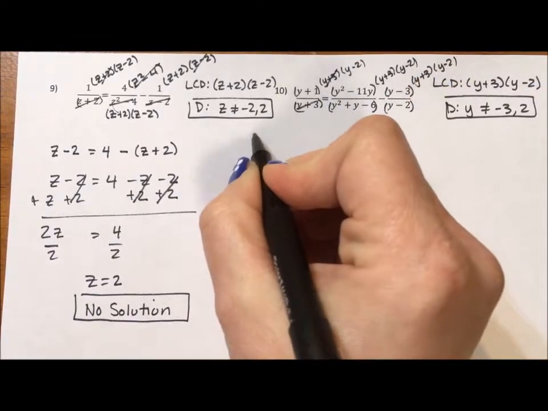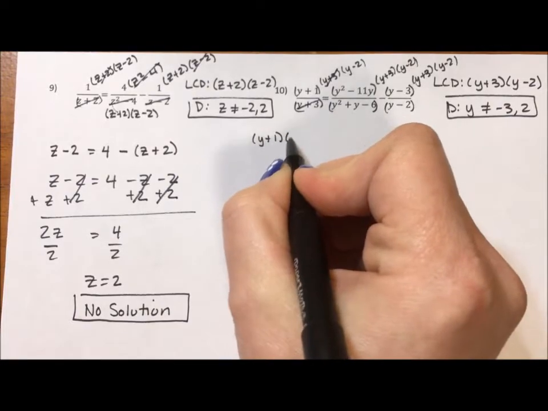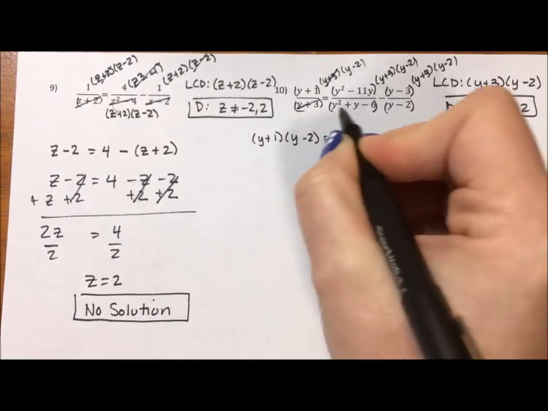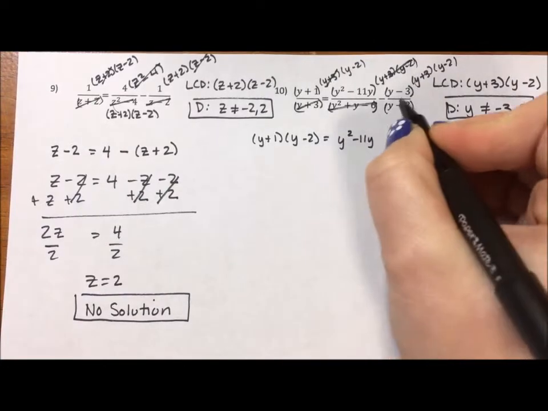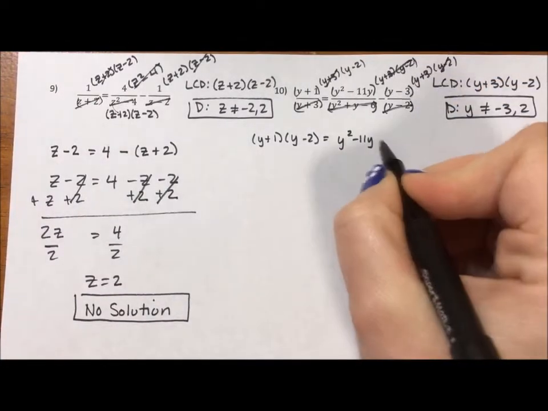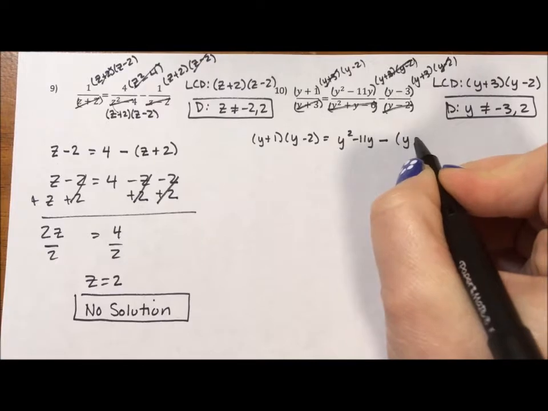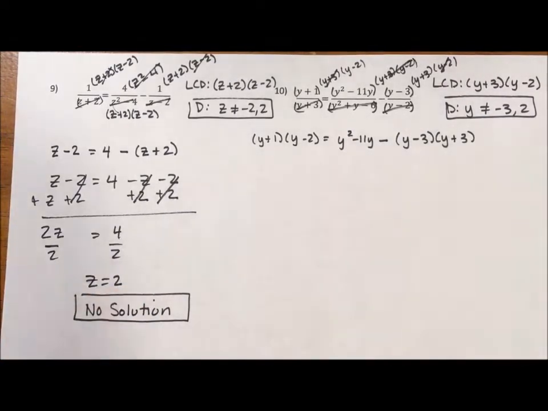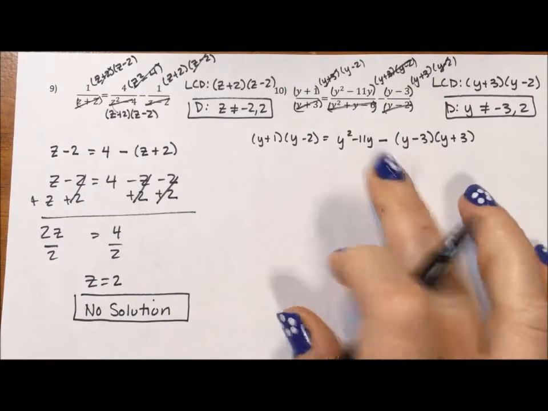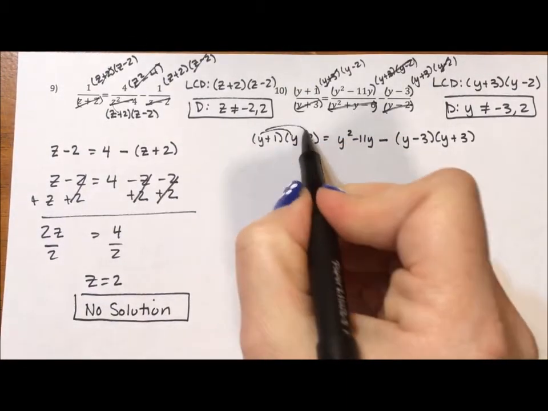I end up with y plus 1 times y minus 2 equals. Everything cancels. Y squared minus 11y. The y minus 2's cancel, minus y minus 3 times y plus 3. Okay, this is the trickiest part over here because of the minus. Let's start multiplying.